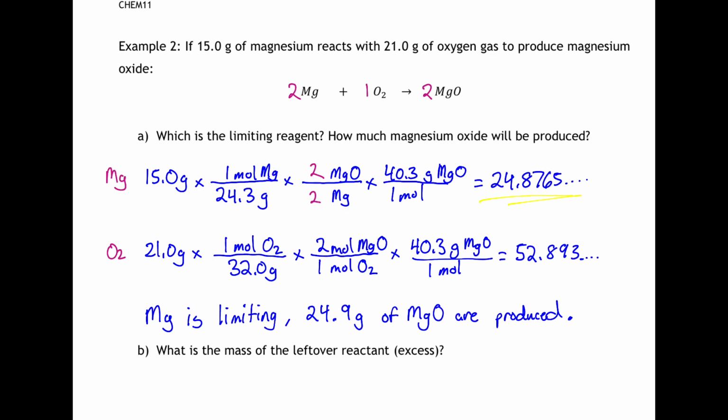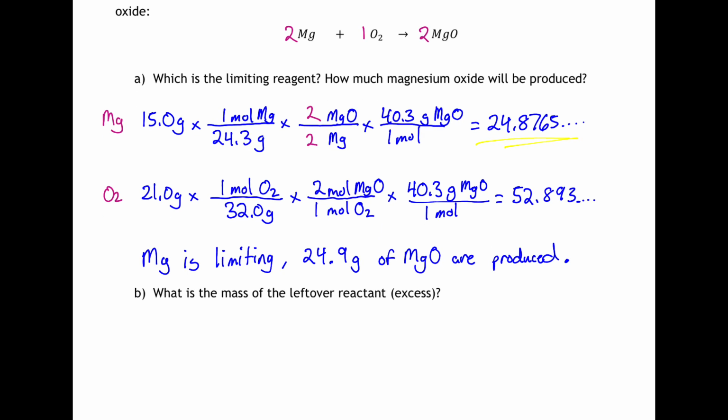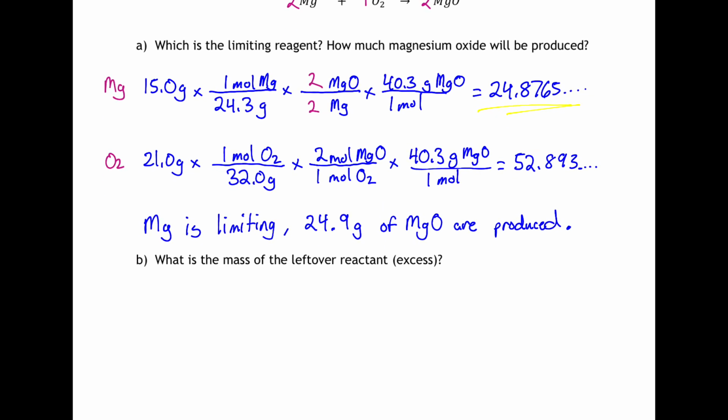All right, how much oxygen is left over? So we got to look for the mass of oxygen left over. So I'm going to write it in here as an instruction: use starting magnesium mass to find O2.